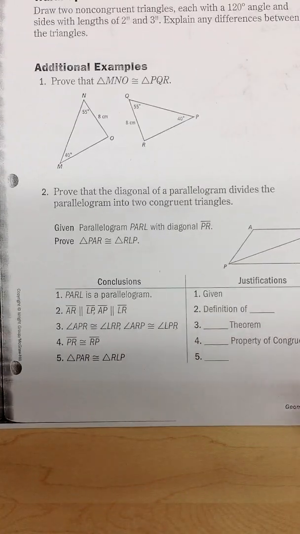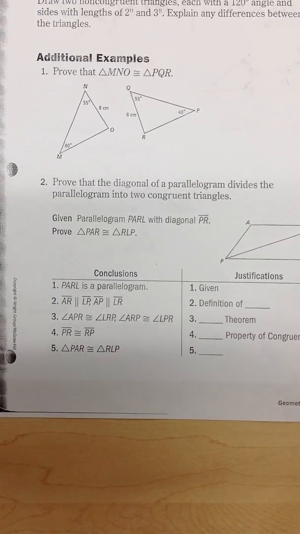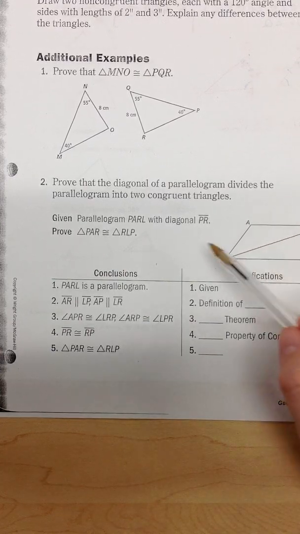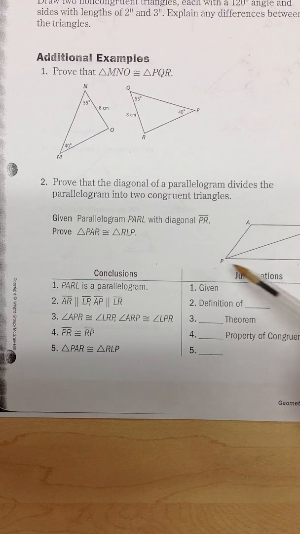And then we've got one more example here. So back on our example sheet, we've got another proof. So it says prove that the diagonal of the parallelogram, so we got a parallelogram here, divides it into two congruent triangles. Okay, so here we've got PAR, that top triangle there, is congruent to RLP. Okay, so first thing there, it says it's a parallelogram.